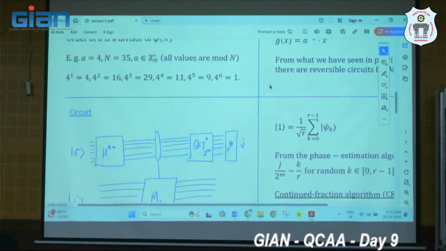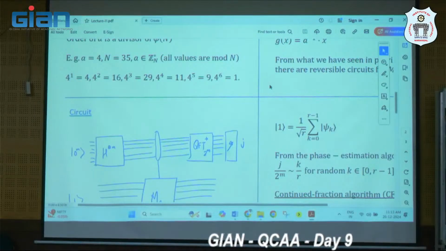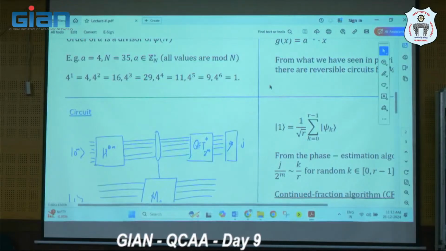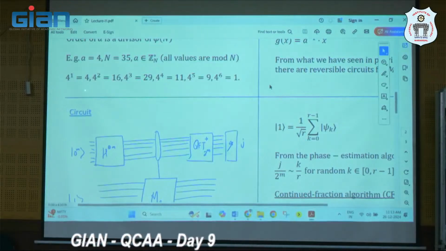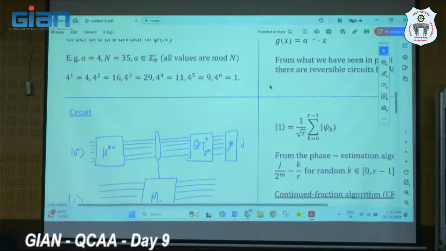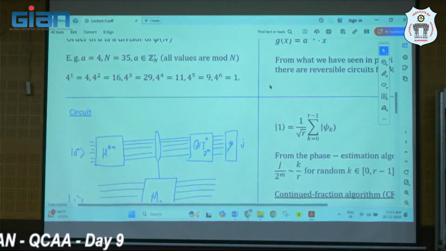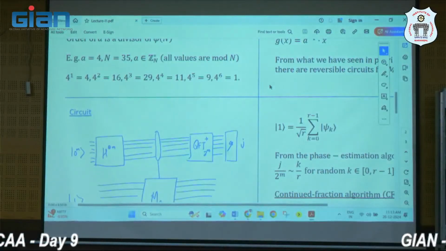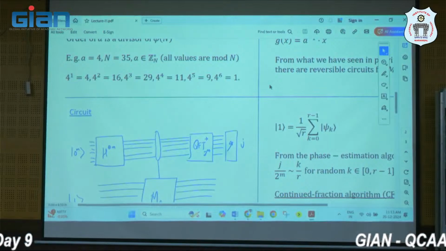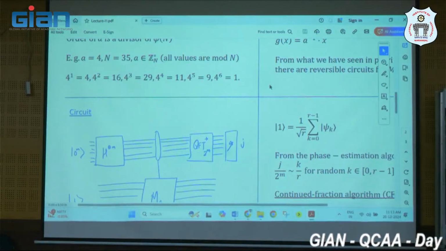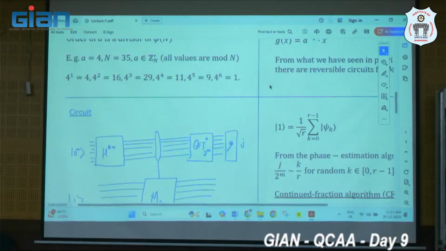What is the GCD? 4 and 35. GCD is 1. 4 to the power 1 is 4, 4 to the power 2 is 16, 4 to the power 3 is 64. What is that mod 35? 29. Correct.